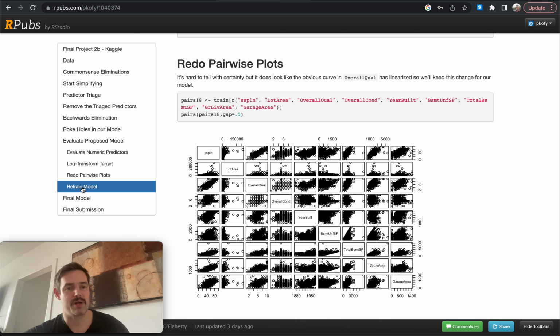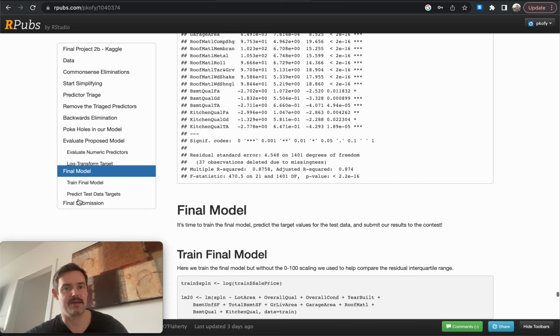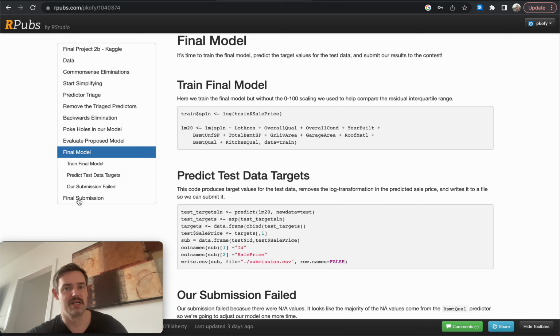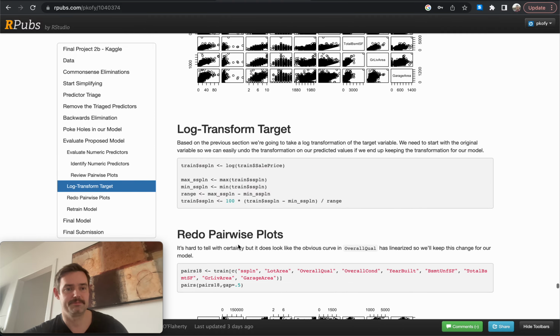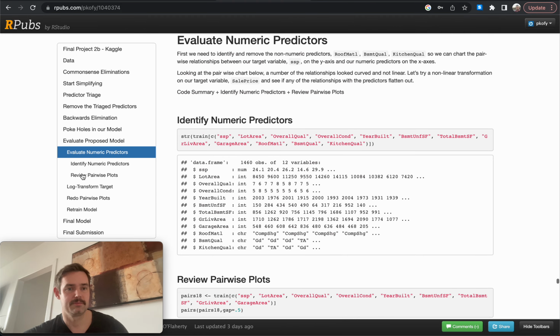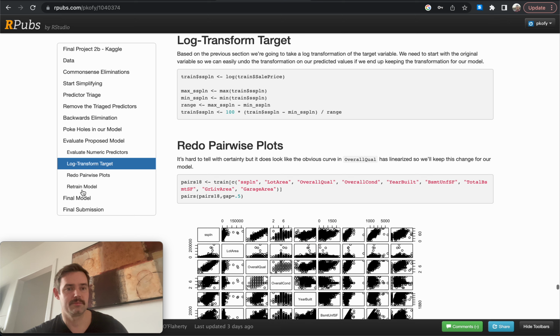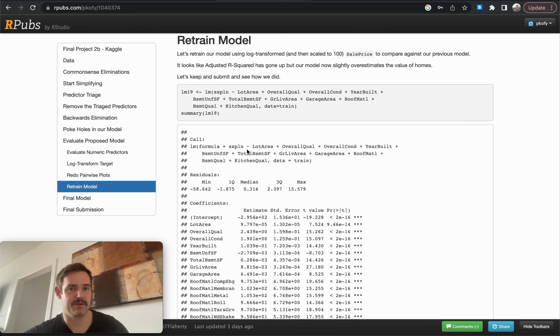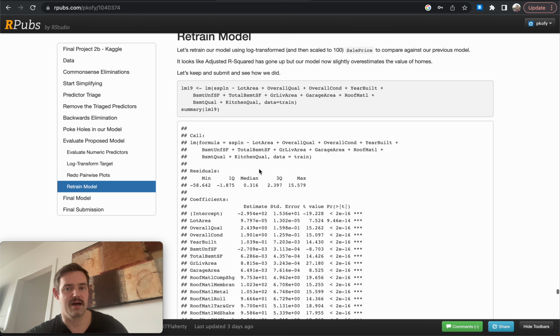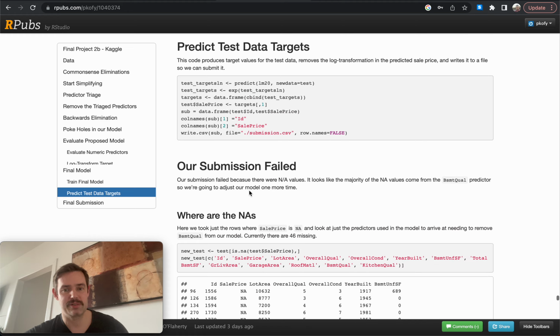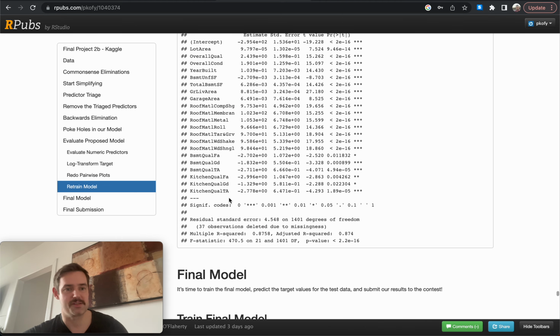So I retrained the model, and I saw that maybe it's slightly over predicting values, but I was happy with this change.